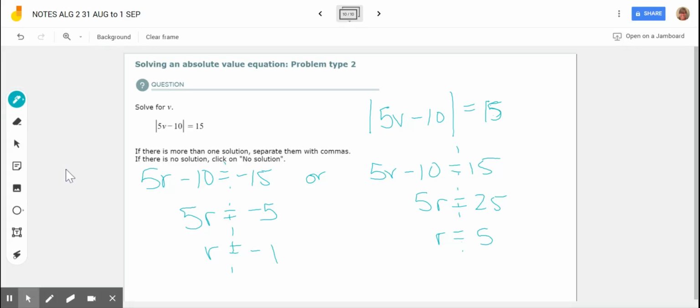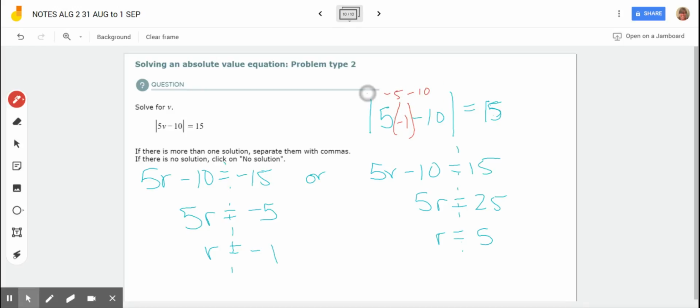I'm going to actually show the check because I think it's important. I'll just erase it and plug it in right here. 5 times negative 1 is negative 5, minus 10 is negative 15.